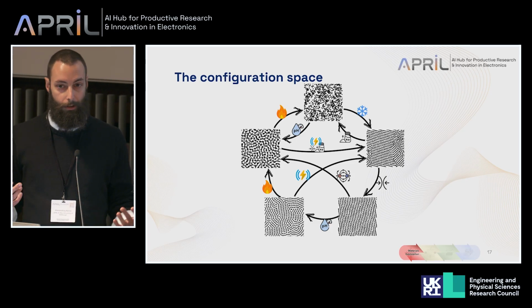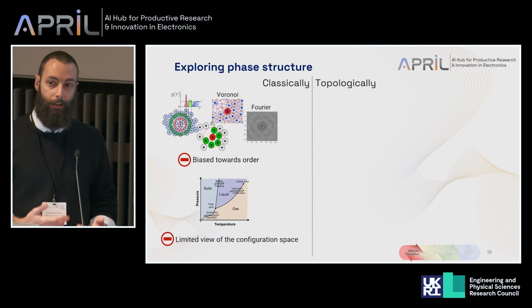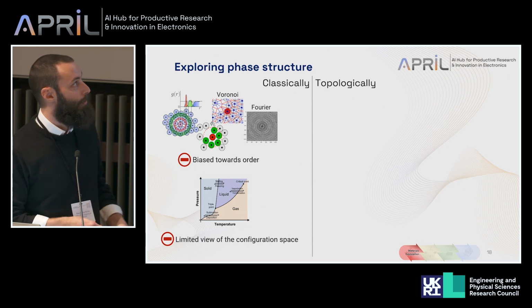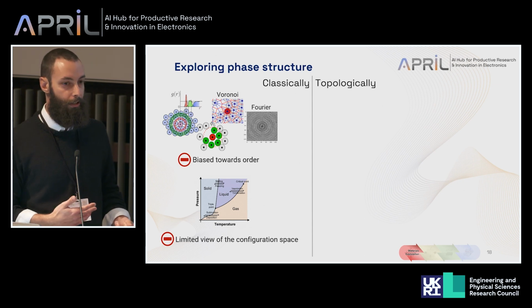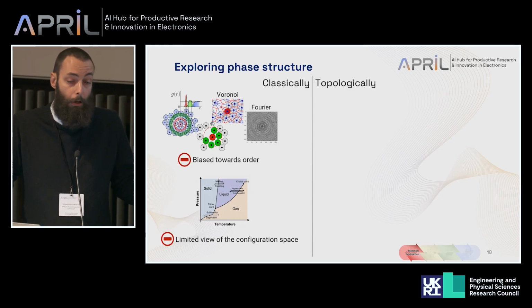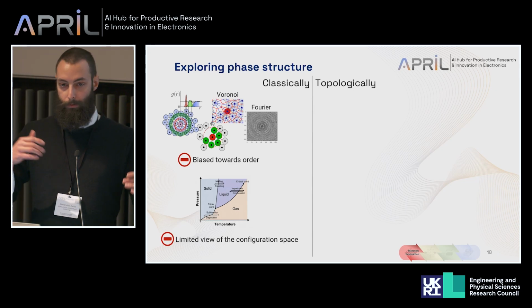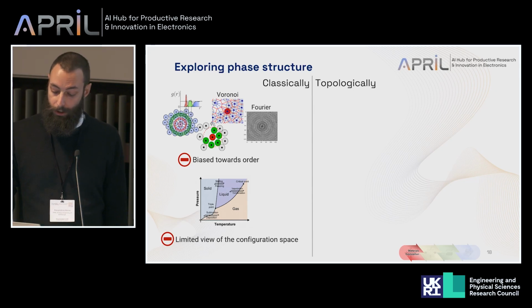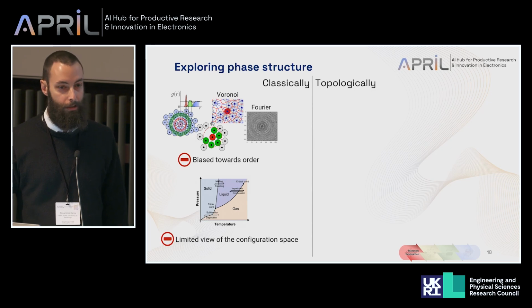In order to circumvent some of the downsides that classical approaches have in understanding phase structure, such as being widely biased towards order, in the sense that we can identify crystalline structures, but if it's something a bit more exotic, we go meh, and having only a limited view of this very high-dimensional configuration space, I'm using tools from algebraic topology and topological data analysis.